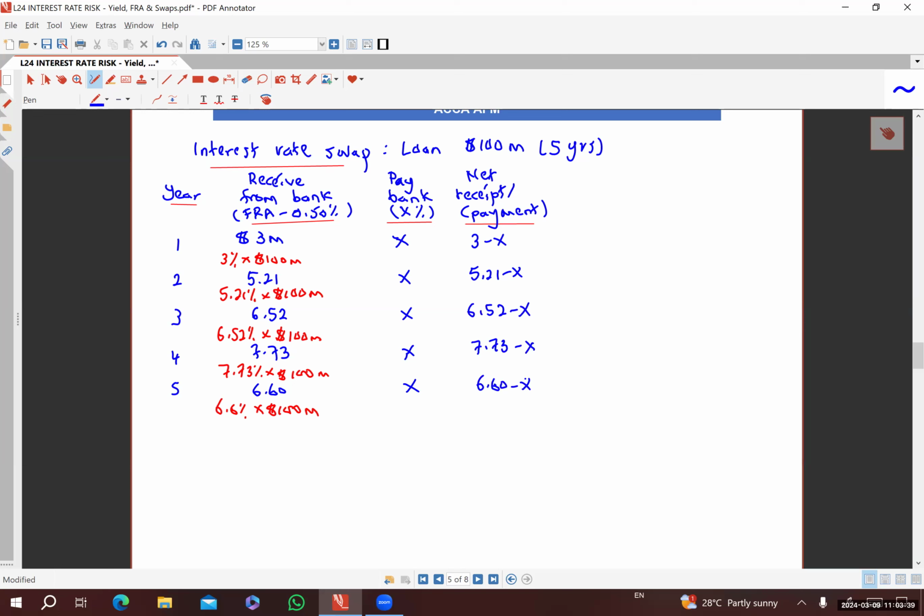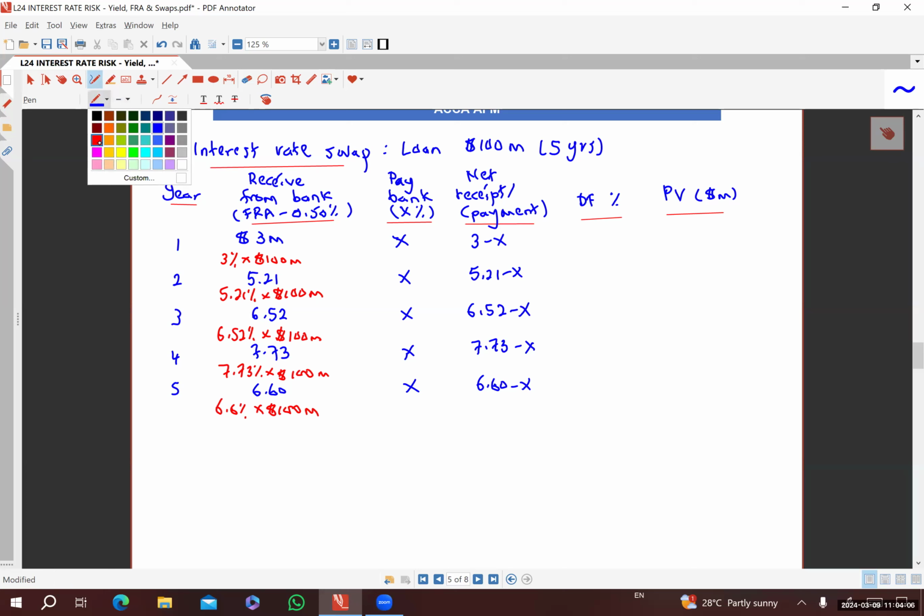Now we discount this to the present value. The discount rate you have learned in chapter 1, discount rate can be spot yield, can be redemption yield for loan. If you have spot yield, you use spot yield because spot yield is better than redemption yield. Redemption yield is just average.